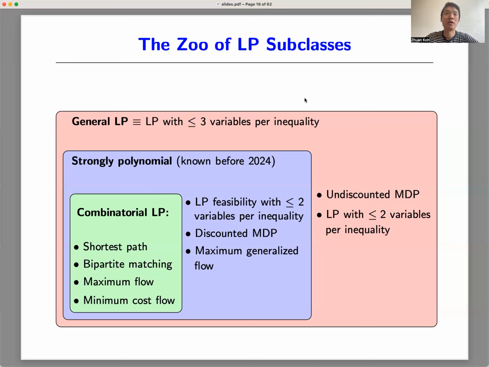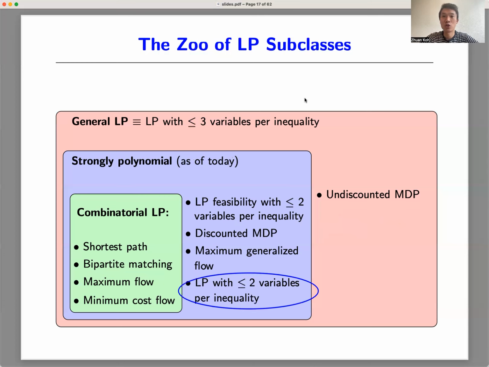I should remark that any LP can be strongly polynomially reduced to one with at most 3 variables per inequality. In this talk, the main result is to show that LPs with at most 2 variables per inequality can be solved in strongly polynomial time.